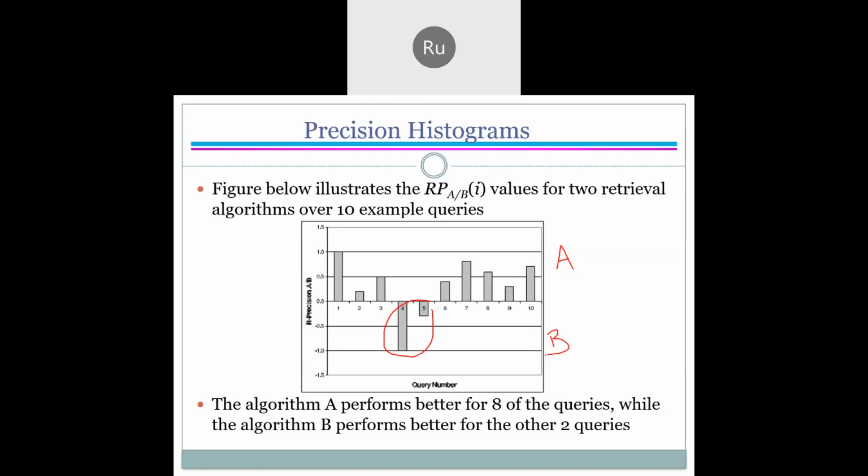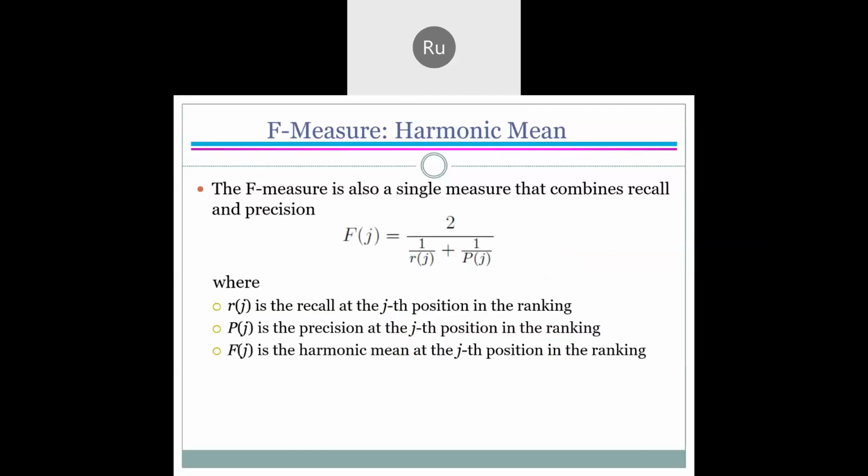So this is another way you can compare two algorithms using precision. And in most cases, they also use this F measure because it combines the recall and precision at the same time. If you look at the formula here, to maximize this F1 score, both of these must be 1.